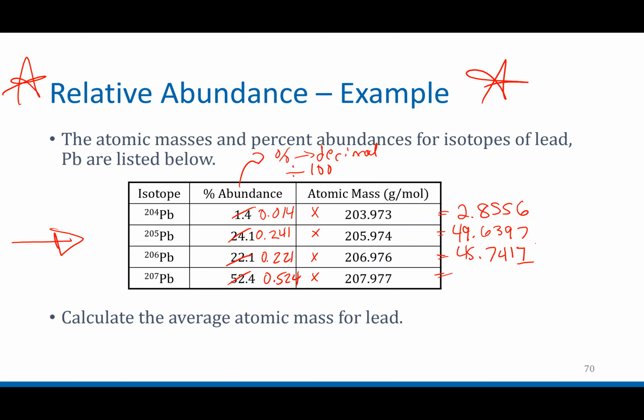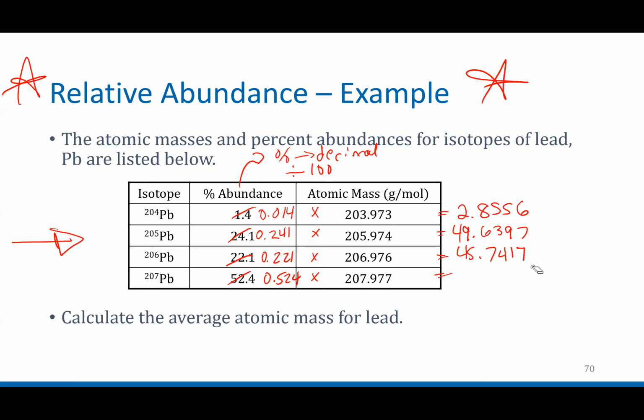My calculator says 45.741696. I'm just going to round it to 7. I always tell you to round at the end, but you don't have to write a million numbers. Just keep a few extra numbers that you think are important.